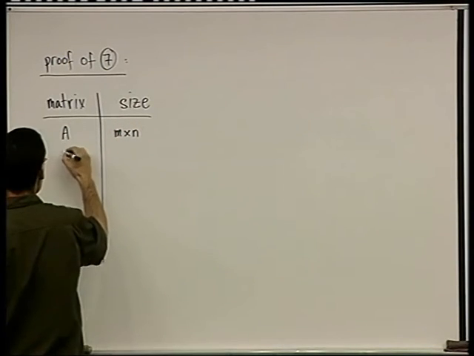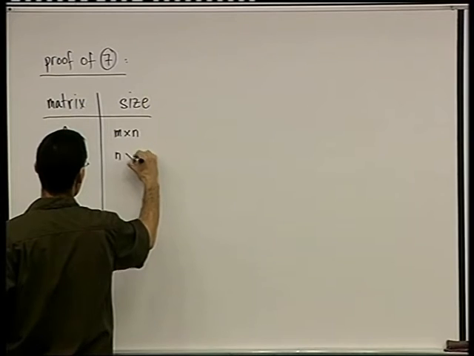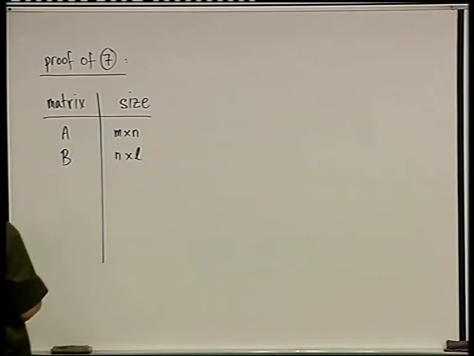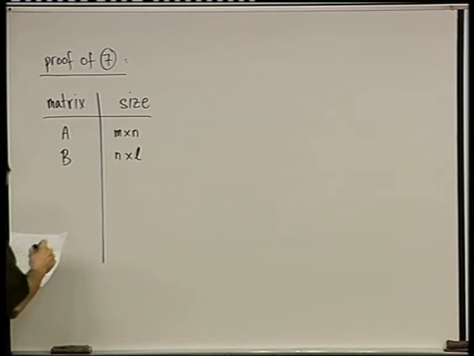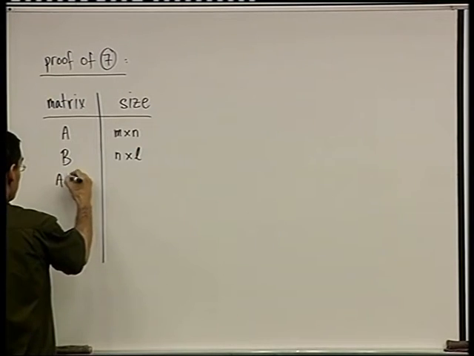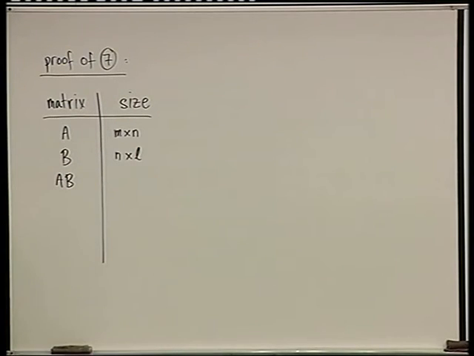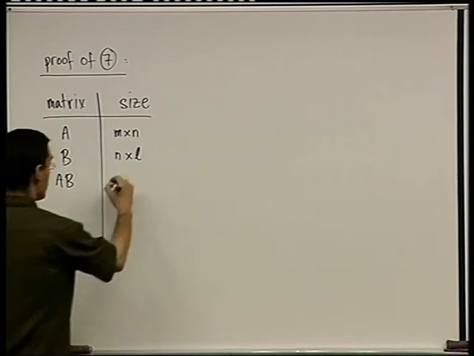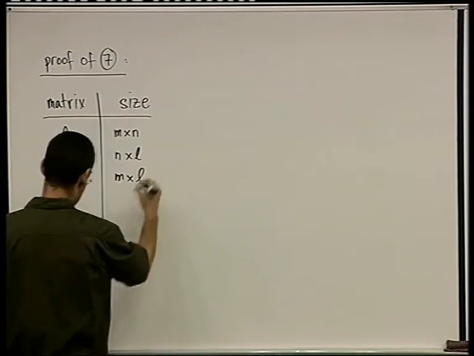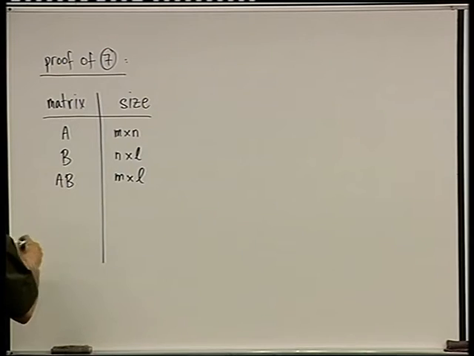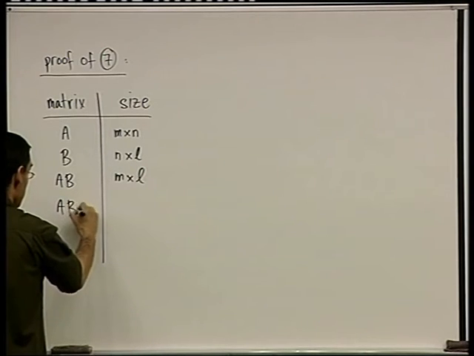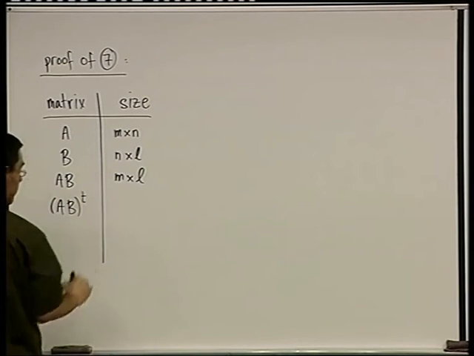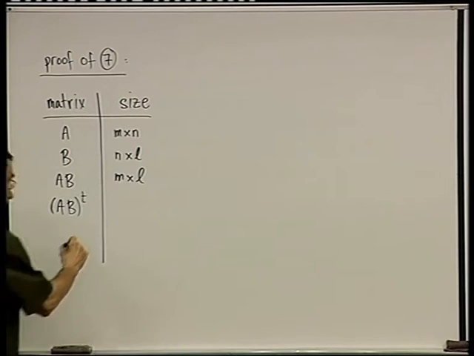The matrix B, we said, was n by L. Right? That's the data of the theorem. Those are the assumptions. So what is the size of A times B? M by L, right. Okay, and therefore, what is the size of AB transpose? L by M. L by M, right.